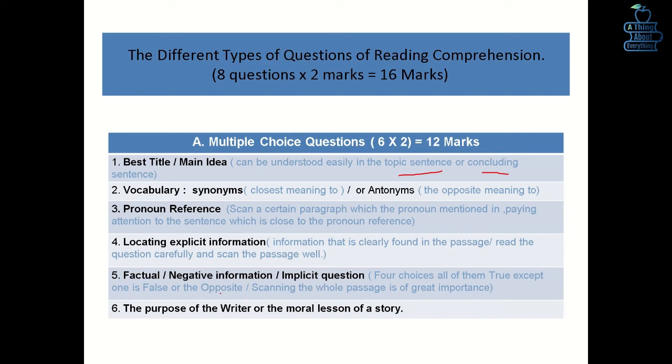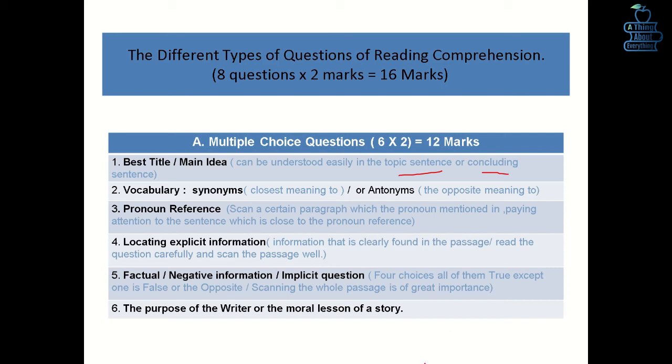You can find this type of question. Scanning the whole passage is of great importance. So if you scan the text carefully, find out what are the information that are mentioned in the choices. You will find out which one is correct and which one is not correct.